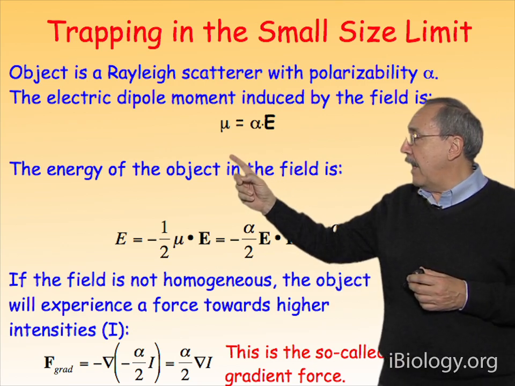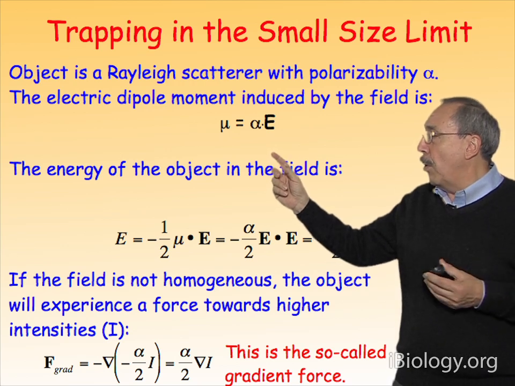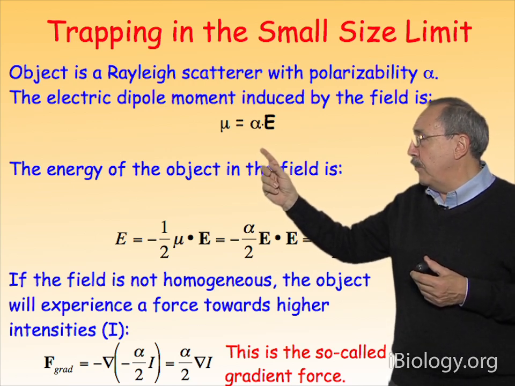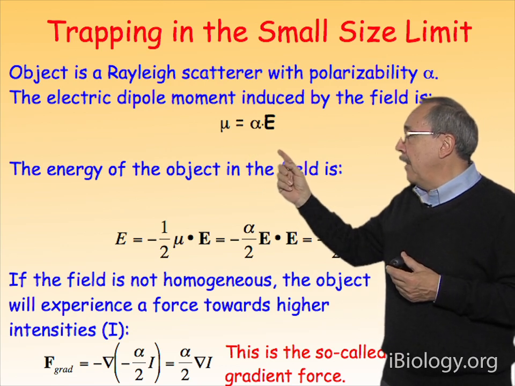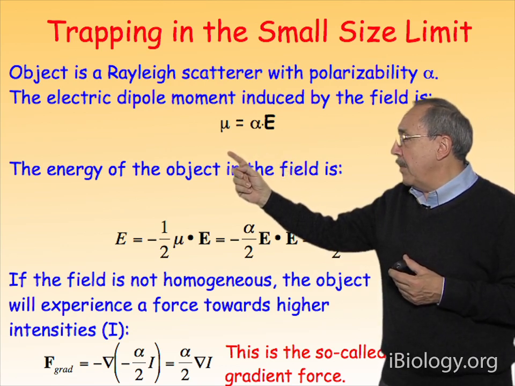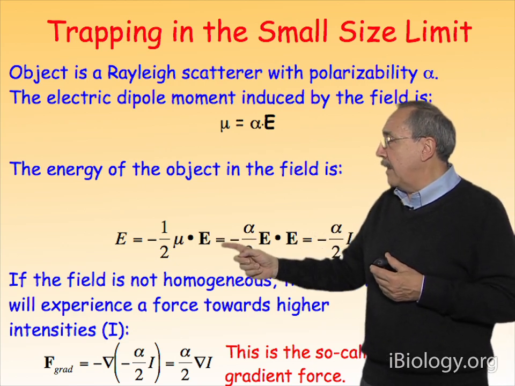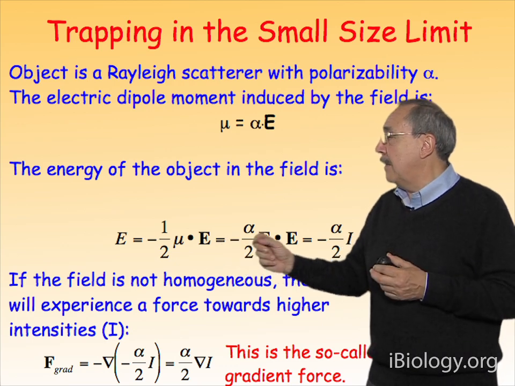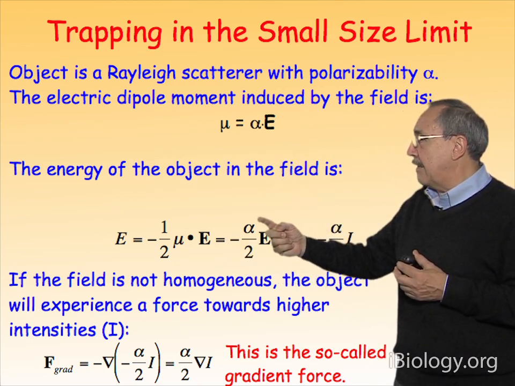Again, here you can see that the electric dipole moment can be written as, for an object, any object, an atom, a molecule, any object that is polarizable, and whose polarizability is described by this quantity alpha, then the electric field of the light will generate the electric dipole moment. It turns out that the energy of this object in the field is given by this quantity, minus 1/2 the induced dipole moment times the external electric field, and we can, of course, write the dipole moment here as alpha times E.